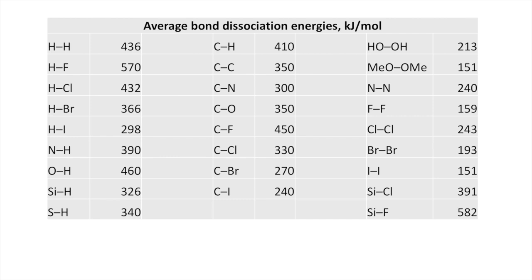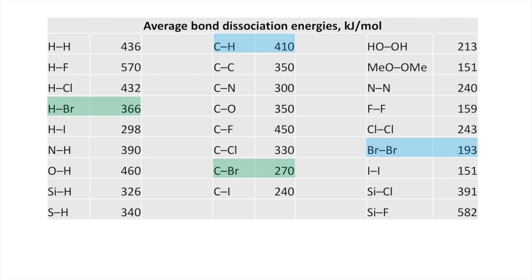For the reaction that we just saw, we started with a CH bond and a Br-Br bond, the dibromine bond. And we ended up with an HBr bond and a CBr bond.